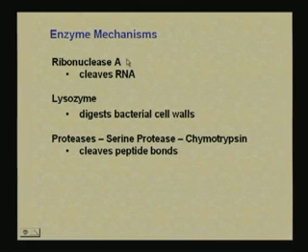Essentially, ribonuclease A cleaves RNA. RNA is ribonucleic acid. When we speak about an -ase, for example, a protease would cleave a protein, or rather it cleaves a peptide bond.